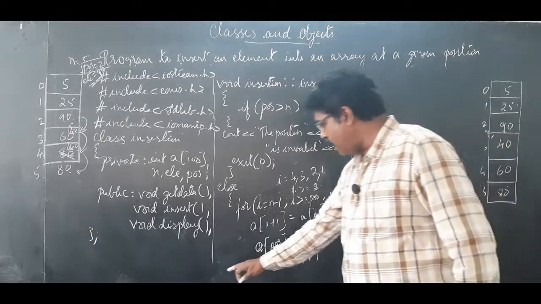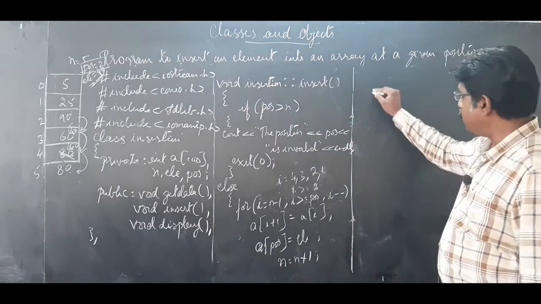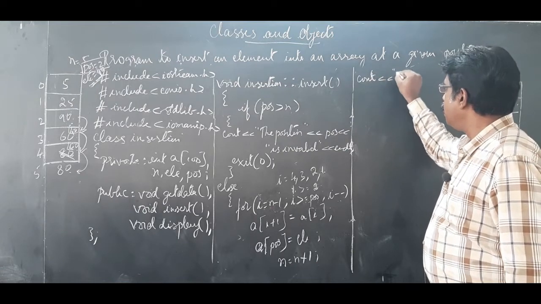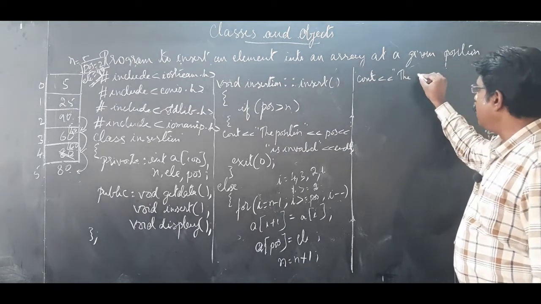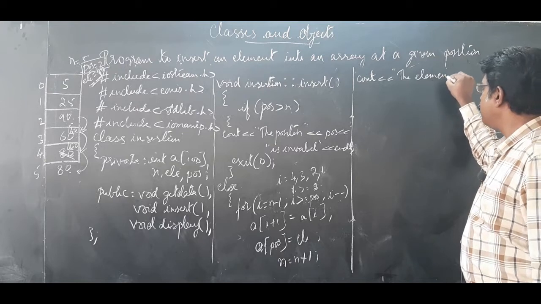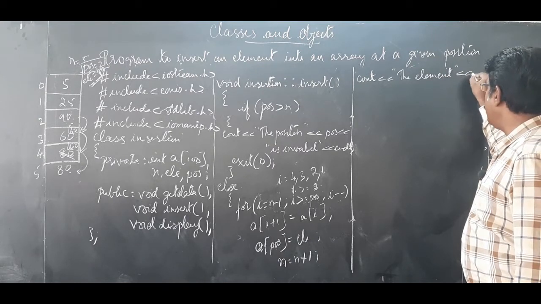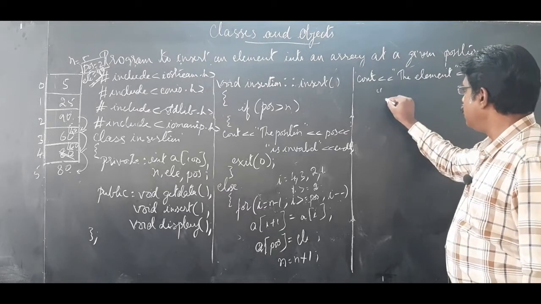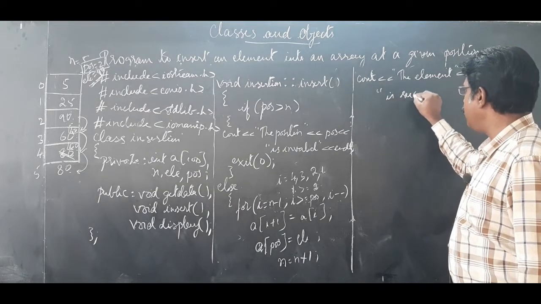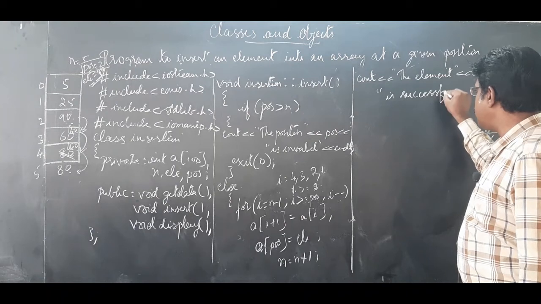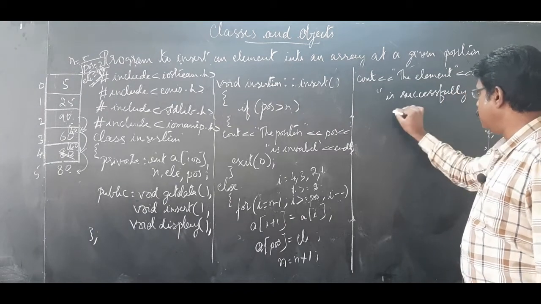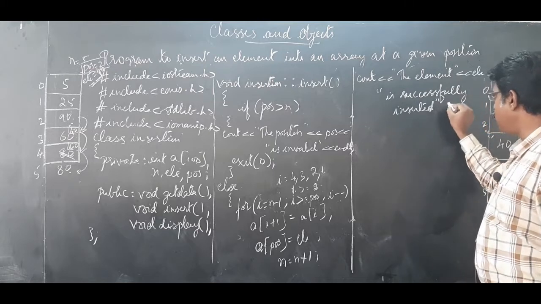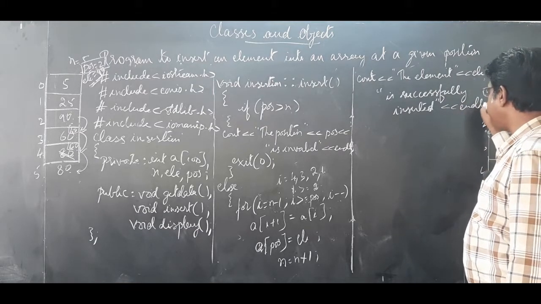Then we just give a statement here. I'll be writing here cout, the element, I take the operator, ELE, I use the operator, is successfully inserted. I close the double quotes, endl.